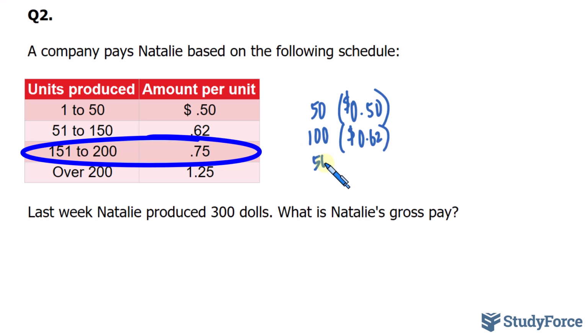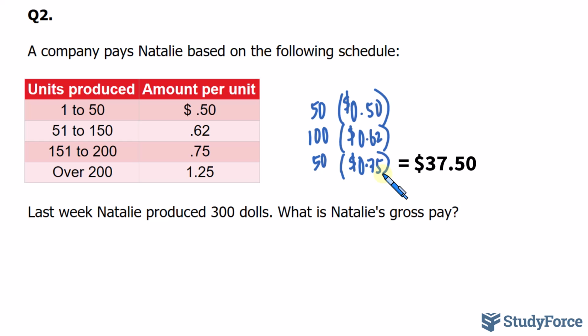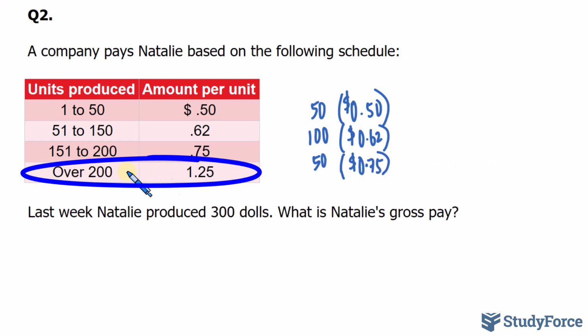So that's another 50. And it's 75 cents per doll. We have 100 dolls that haven't been accounted for, and that fits under the last row. Over 200, you make $1.25 per doll. So we have 100 dolls multiplied by 1.25 dollars per doll.